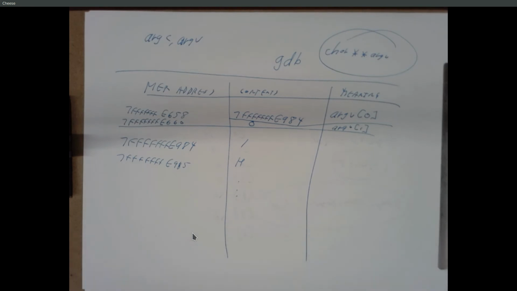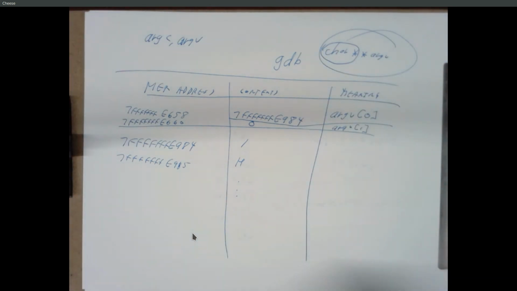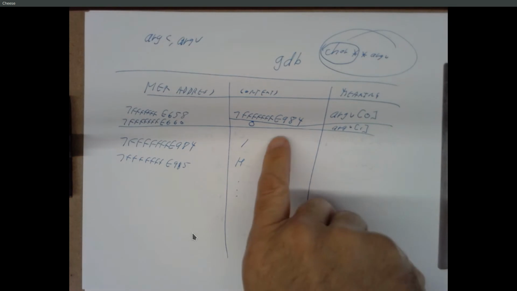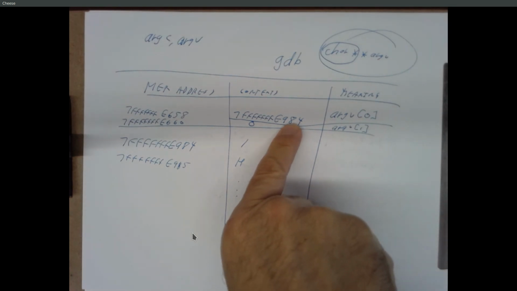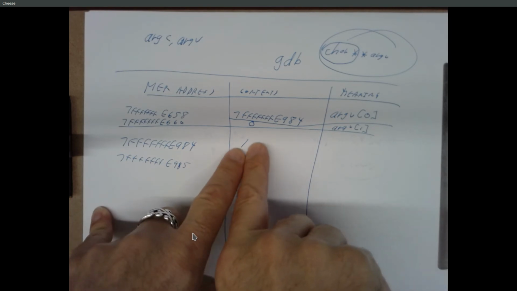So argv is really an array of pointers. It's an array of char star, pointers to characters. Argv bracket 0 has this value. That's a memory location. It's a pointer to a character. What do we find at that location? We find a slash.